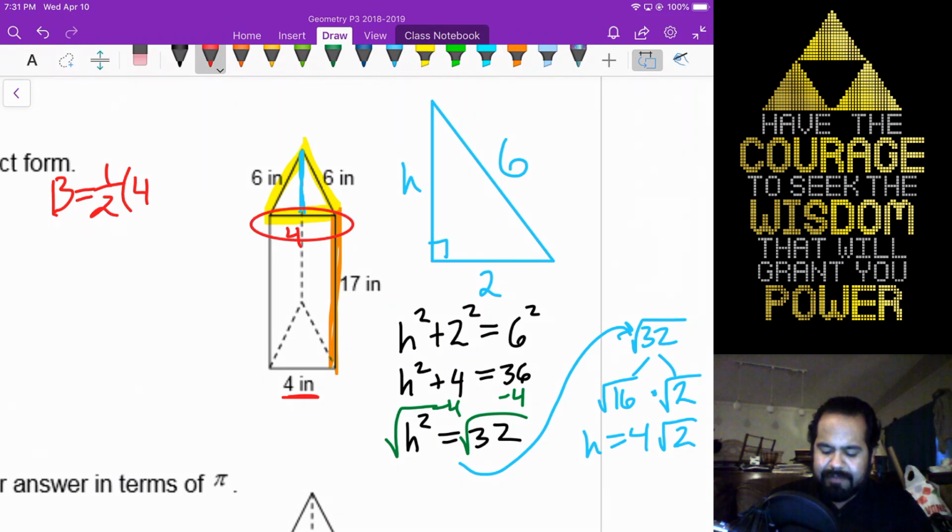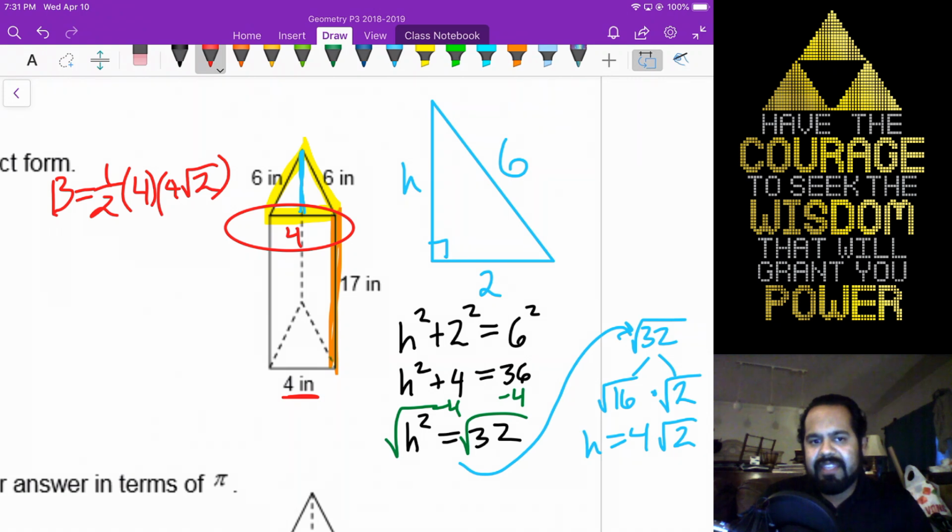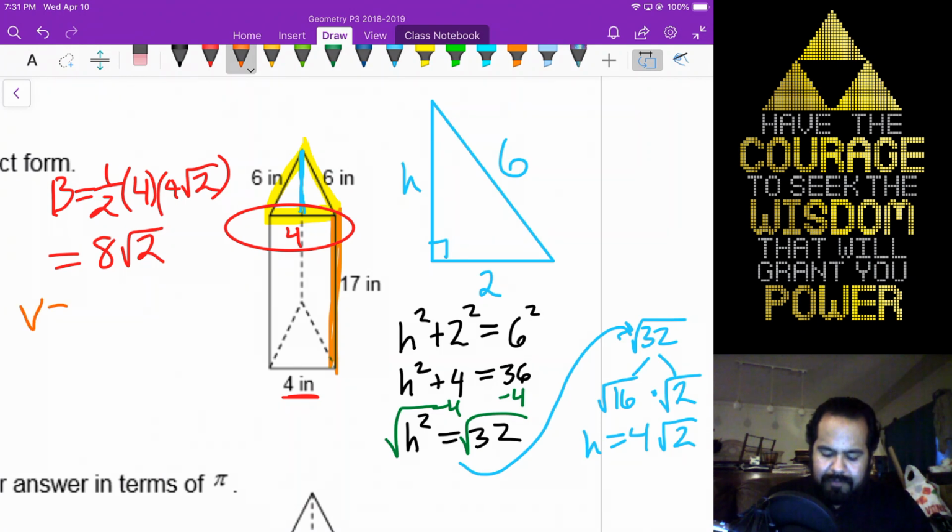Remember, we're still using this base. 4 times 4 rad 2. 4 times 4 is 16. I take half of 16, I get 8. So 8 rad 2.